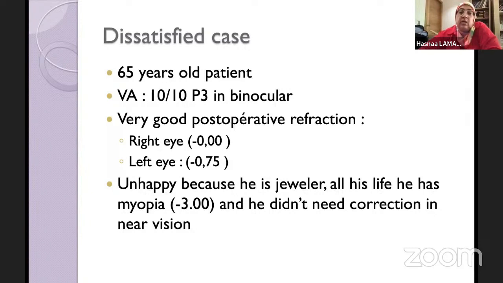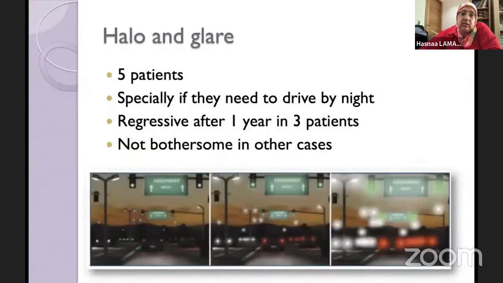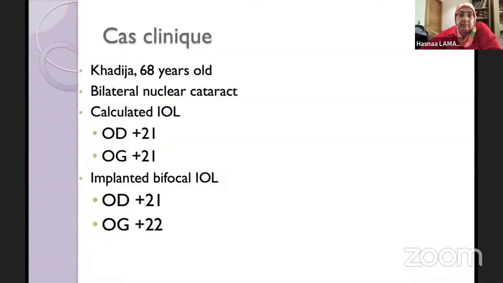He asked us to give him an IOL that can give him -3 myopia. Halos and glare, we have this in 5 patients, especially if they need to drive at night, regressive after 1 year in 3 patients, and no better in the other cases.